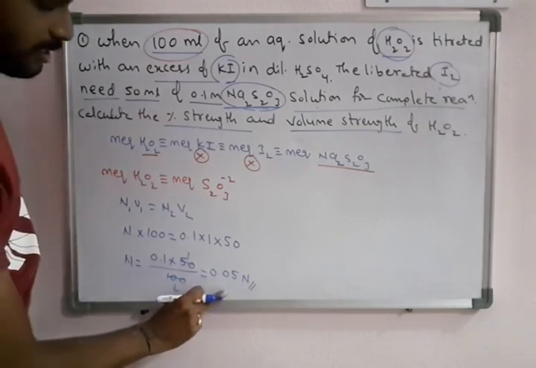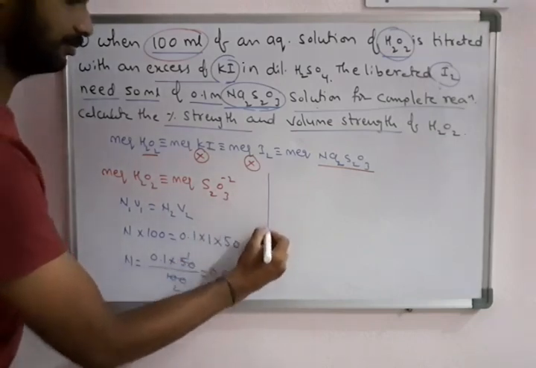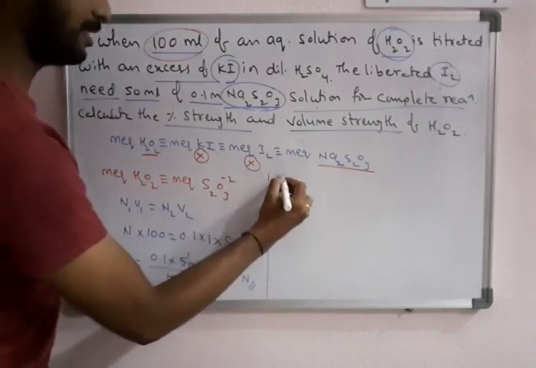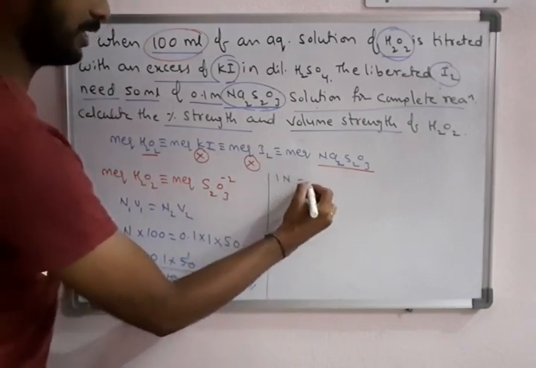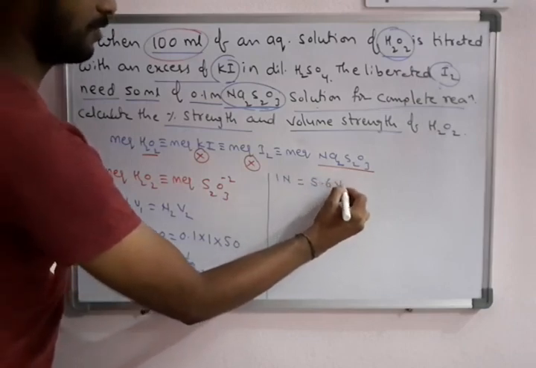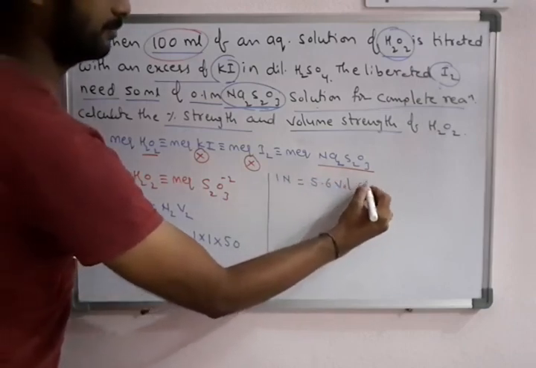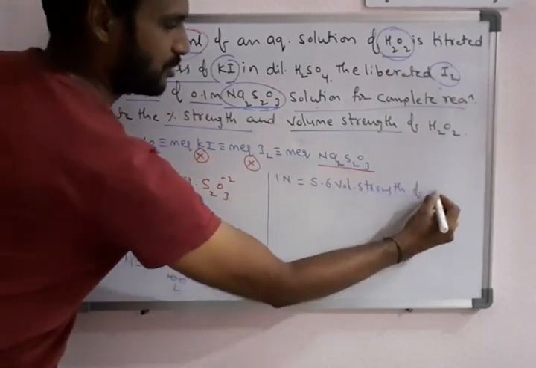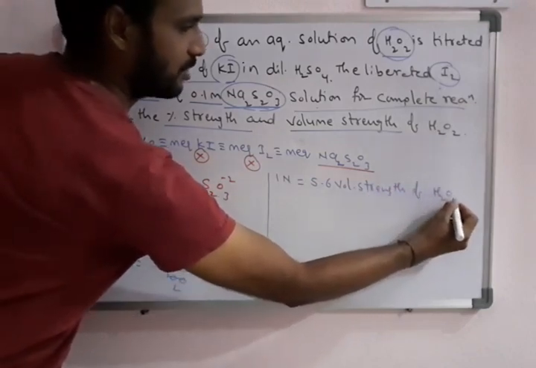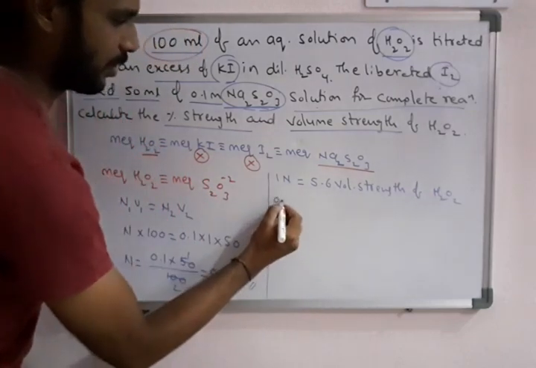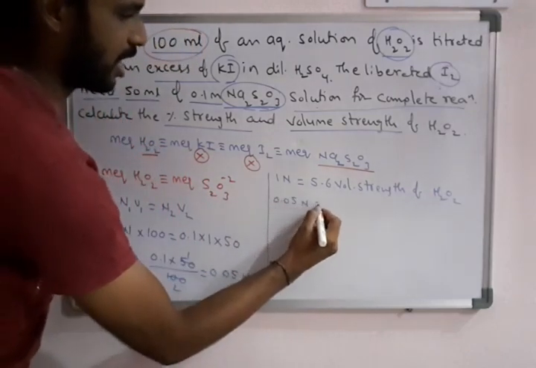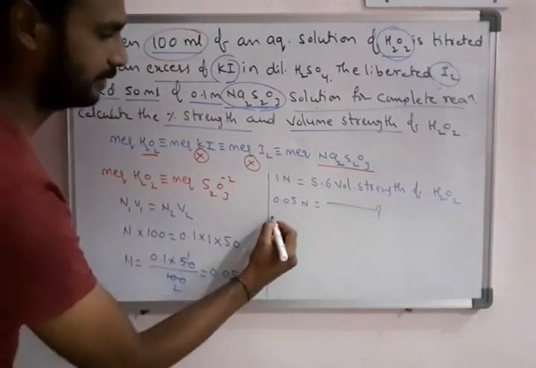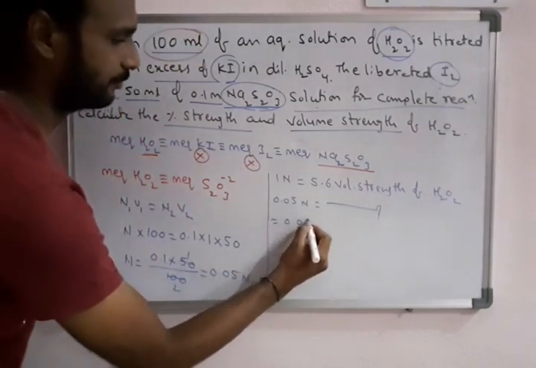So after knowing this normality, and with the basic formula that 1 normality is equal to 5.6 volume strength of hydrogen peroxide, then what about 0.05 normality, equal to how much volume strength of hydrogen peroxide?